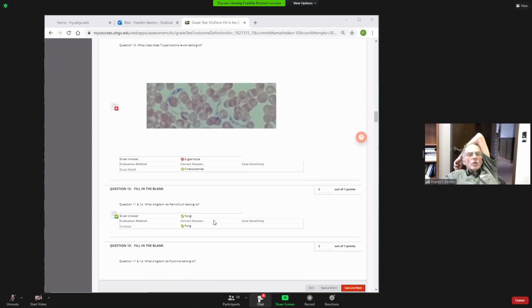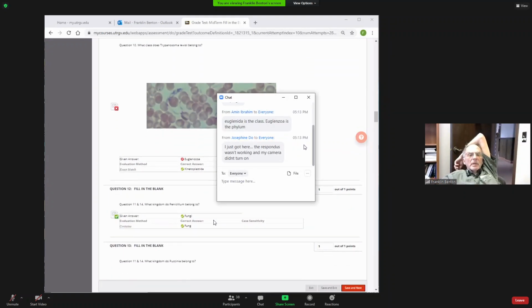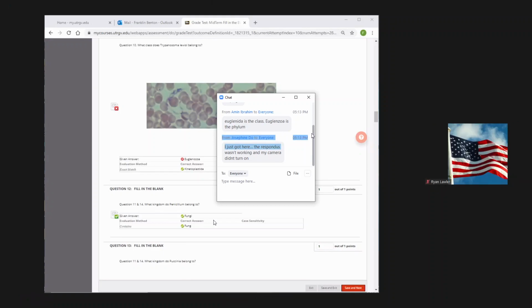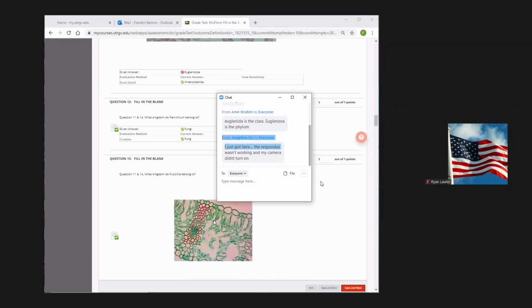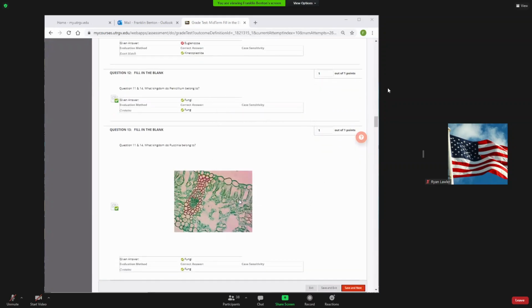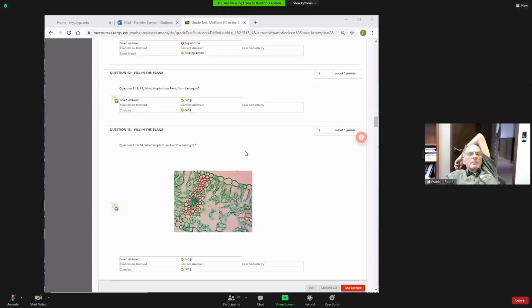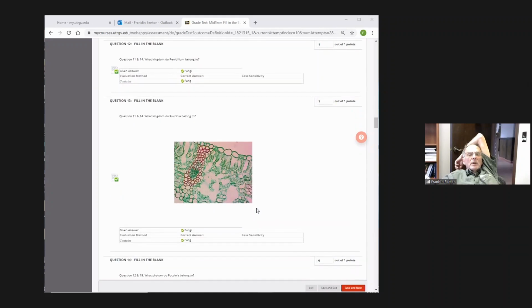To what kingdom does penicillin belong? Fungi. Fungi, correct. Okay, this is Puccinia. To what kingdom does Puccinia belong?